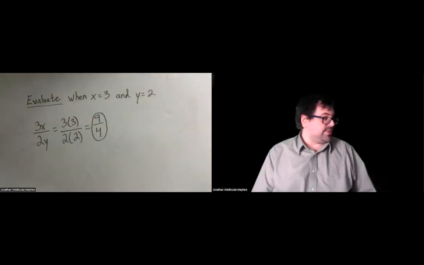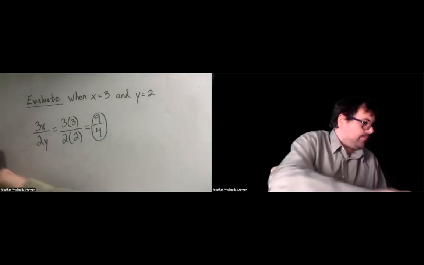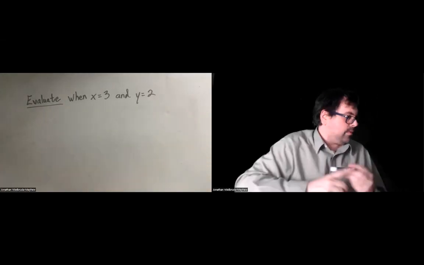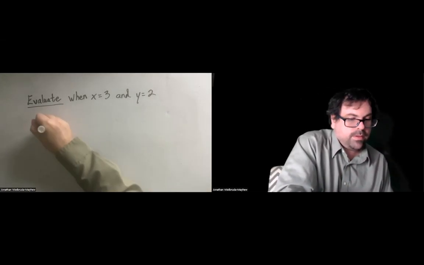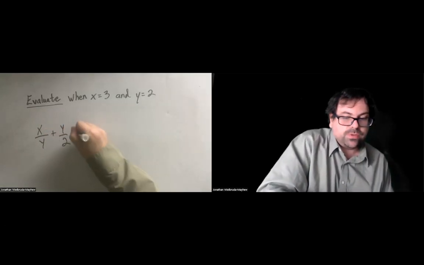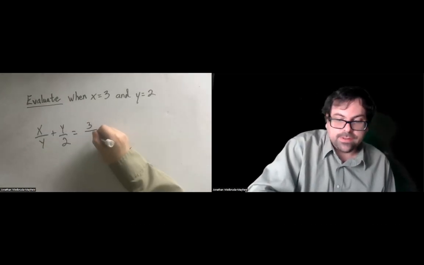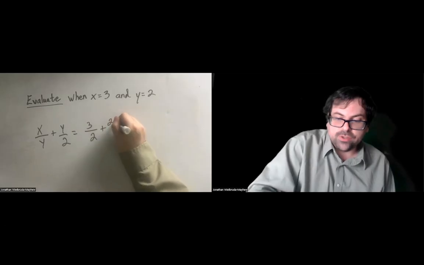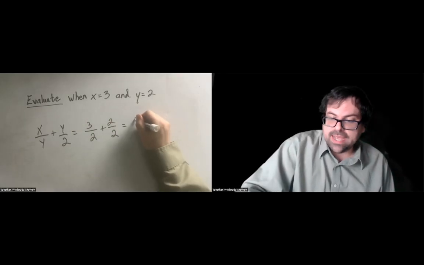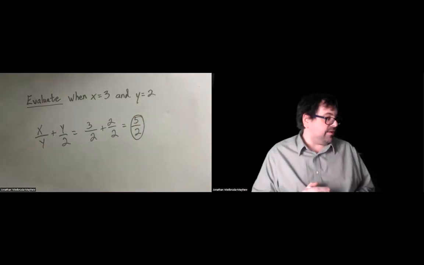We get 9/4. Next, x over y plus y over 2. 3 is x. 2 is y. 3 halves plus 2 halves is 5 halves.